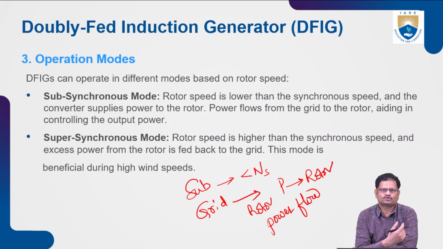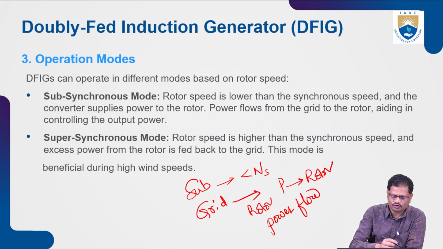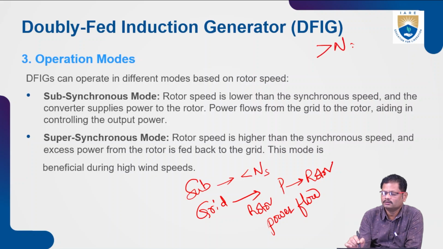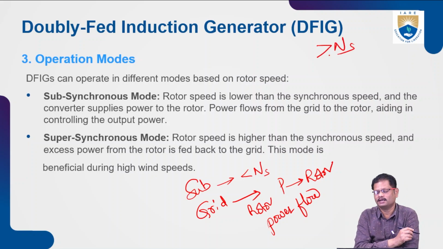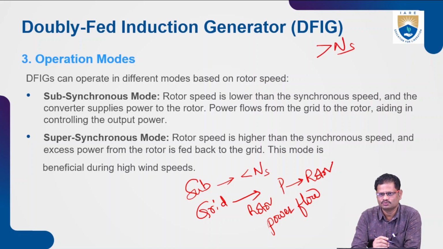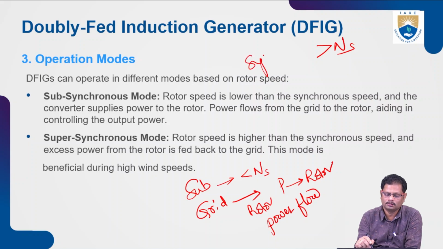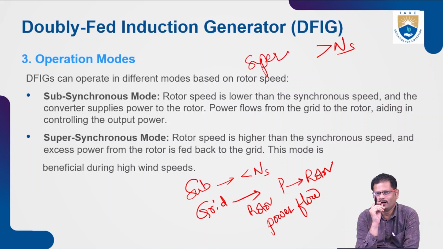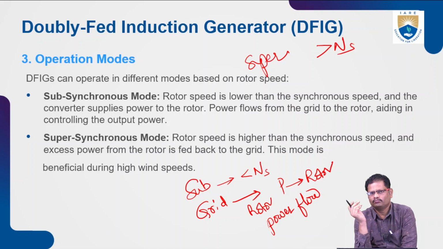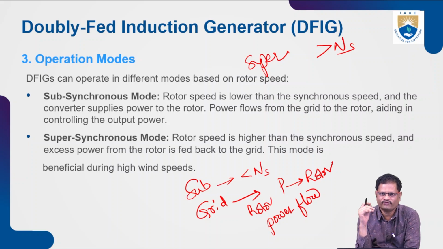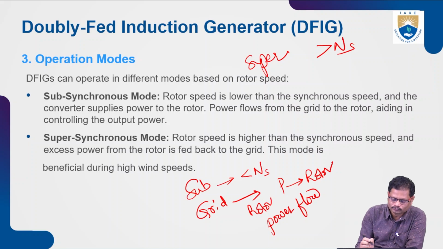Next, supersynchronous mode. Supersynchronous means when the rotor speed is greater than, somewhat higher than, the synchronous speed. It is called supersynchronous speed. And when the rotor speed is more than the synchronous speed, the excess power from the rotor is fed back to the grid.